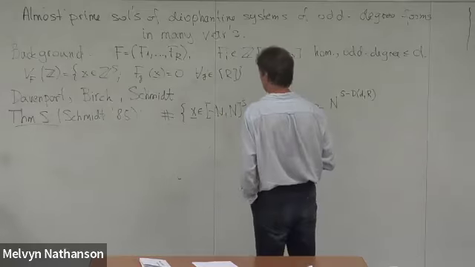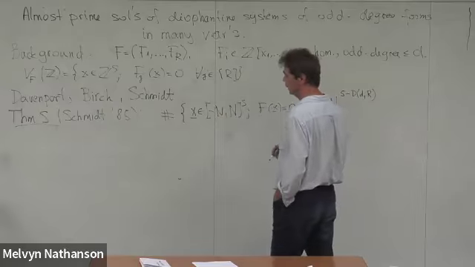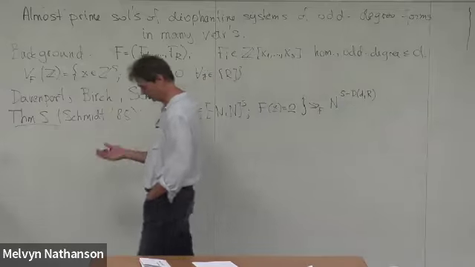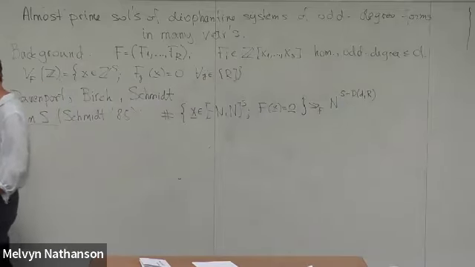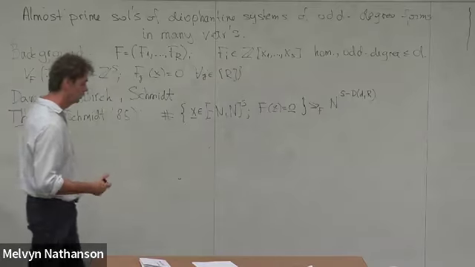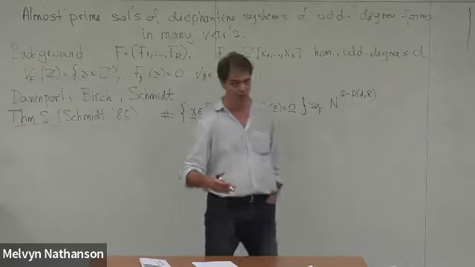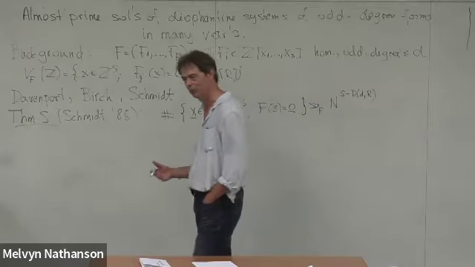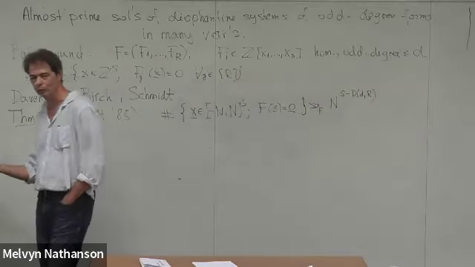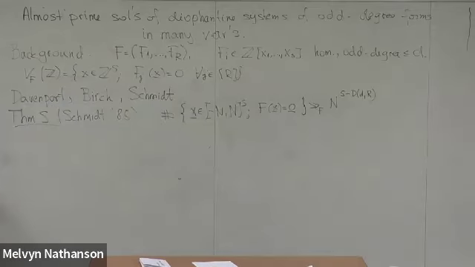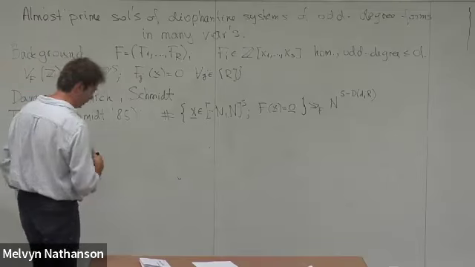So what I would like to talk about today is strengthening this result by restricting the coordinates into an arithmetic set. It would be too ambitious to say restricting the coordinates into the primes, but one can prove something weaker, restricting the coordinates into almost primes, where the notion of almost prime is a little bit different than the usual notion.